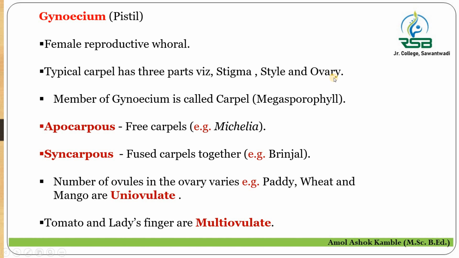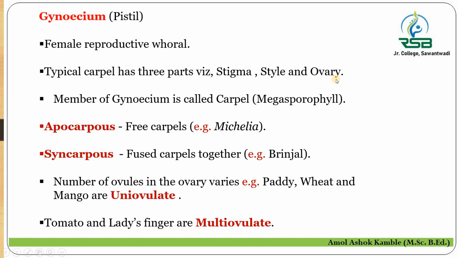The ovary, inside the ovary there is a presence of number of ovules. As we know from the previous class in 11th standard, in the structure of a flower, we know the development of ovules after the successful fertilization.